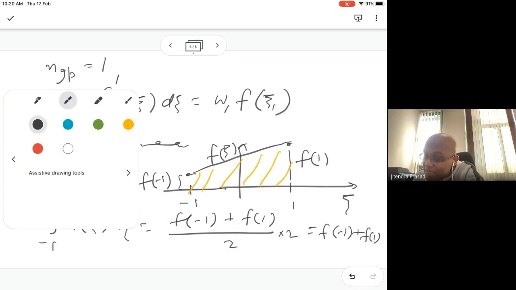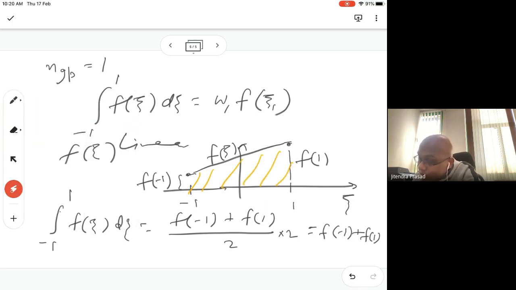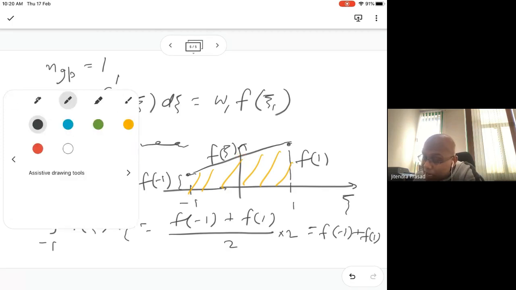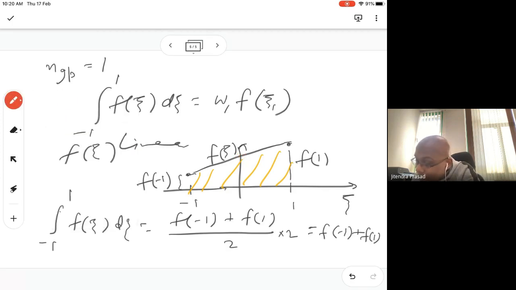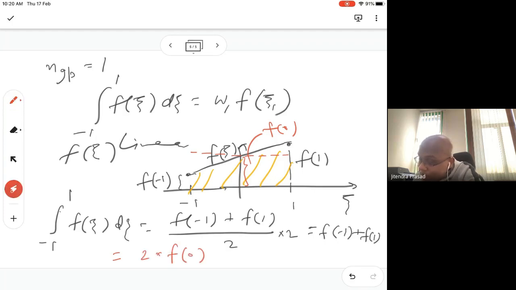What we want to find out is whether we can just evaluate at one point and find the answer, and we can indeed do it. How? If we have just this, which is f0, we can find it equal to 2 times f0. What is f0?